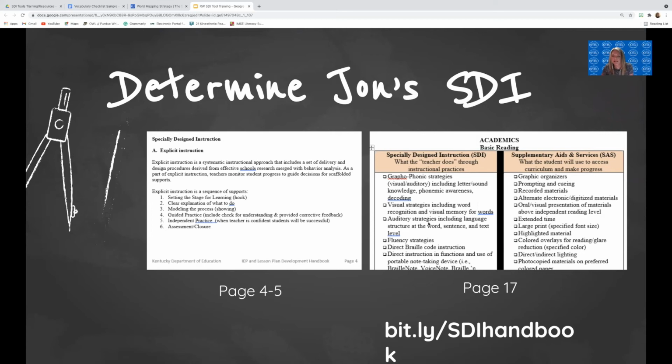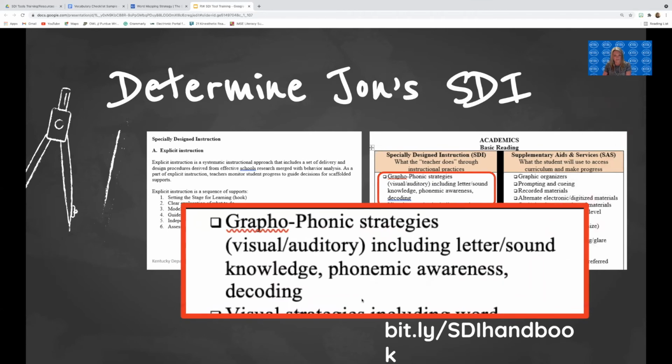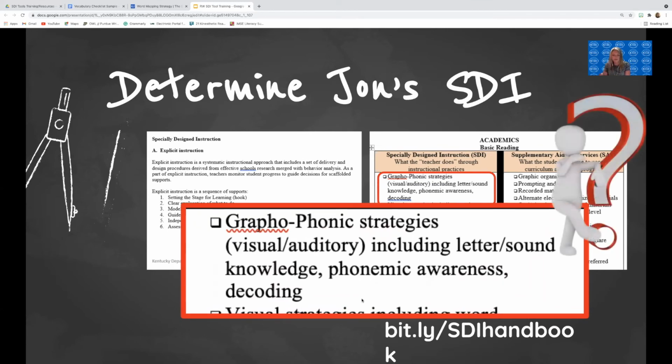Okay, so let's look at this. You have all of these strategies down here that you can use for basic reading. Let's look at that top one there. Graphophonic strategies: it's visual and auditory, including letter sound knowledge, phonemic awareness, and decoding. If you saw graphophonic strategies on a kid's IEP, would you know what to do?